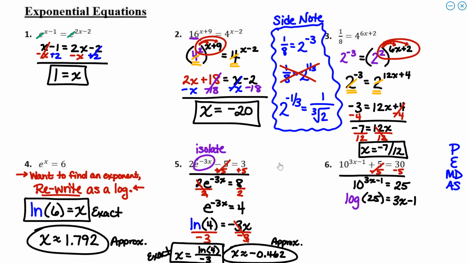Base of 10. Let's take a log of both sides. I can choose any base that I want to. If you do it to one side, you have to do it to the other side. Exact same operation. Take a log of both sides.